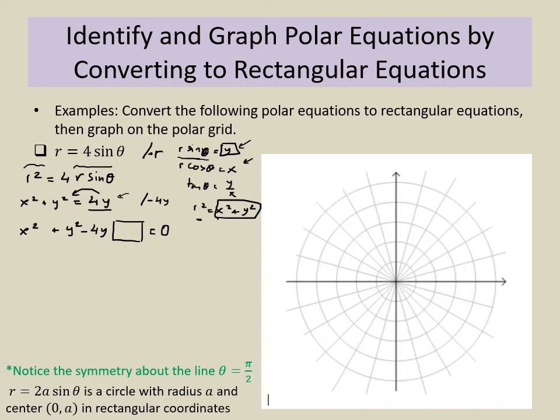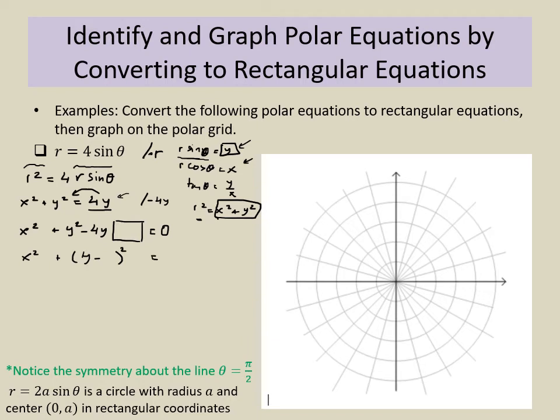Why do we want to complete the square? Because the equation of a circle, guys, has to look like this: x minus h squared plus y minus k squared equals something.